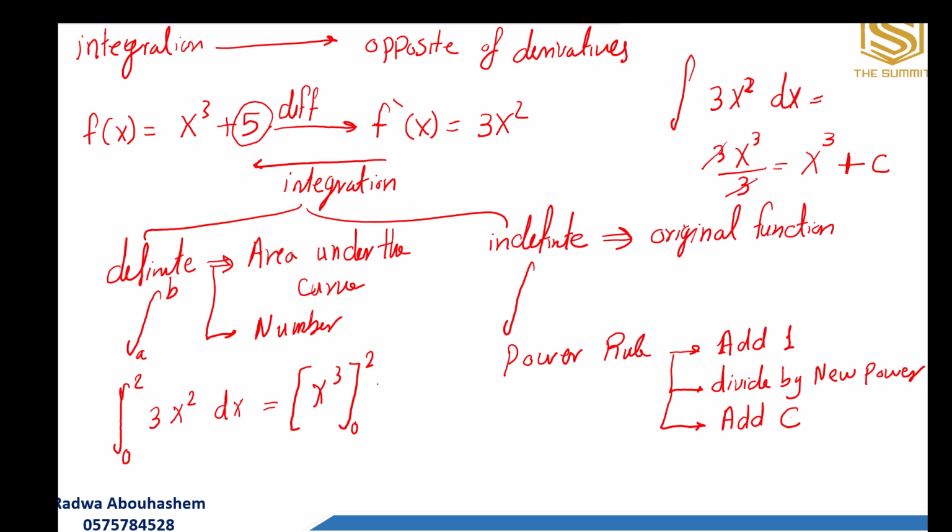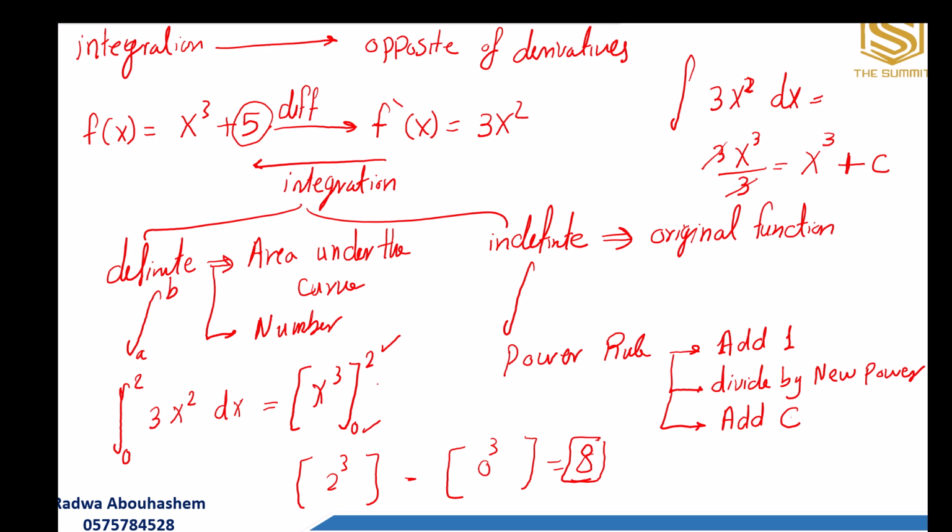So here, x power 3, this is the end, and this is the start. You start with the end. So here, 2 power 3 minus 0 power 3. 2 power 3 is 8, minus 0 gives me 8. So the answer is 8.